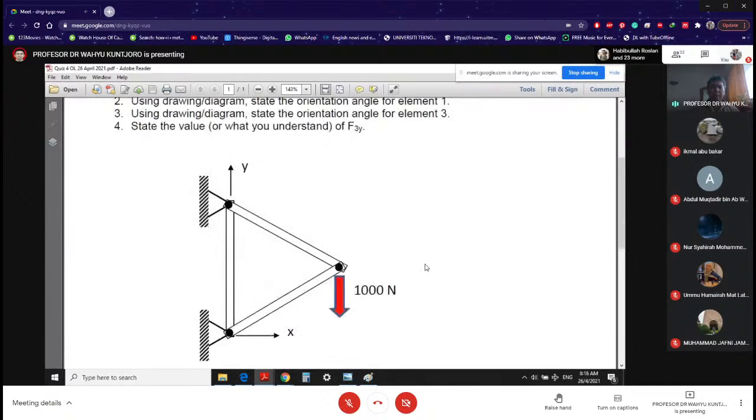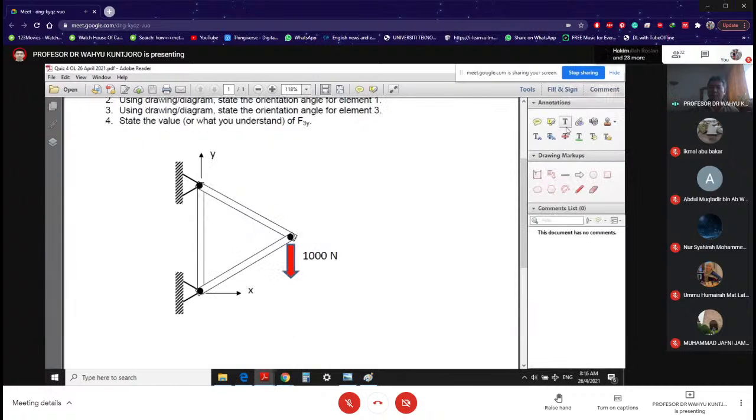One thing here that I need to mention: the structure is having the same length. Each member is having the same length. The consequence is that the internal angle is going to be 60 degrees.